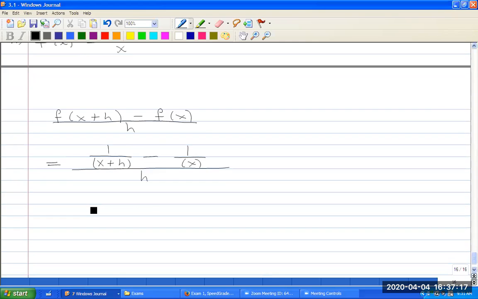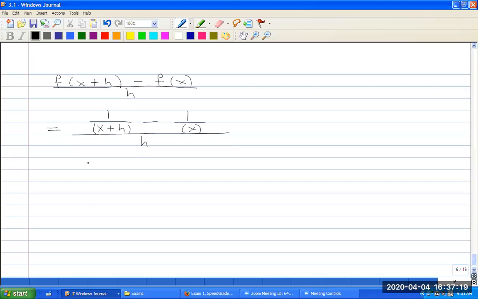Now, I have two fractions. I want to somehow simplify them because eventually I want to be in a situation where I can cancel out this h, because that was the goal in simplifying difference quotients.